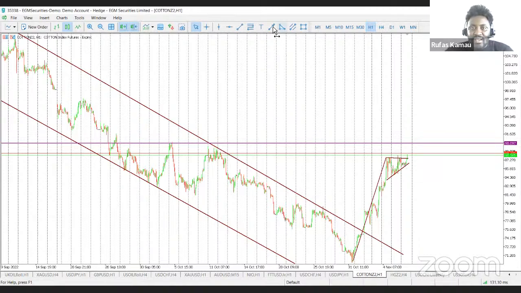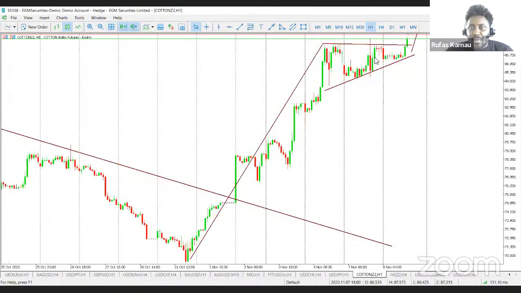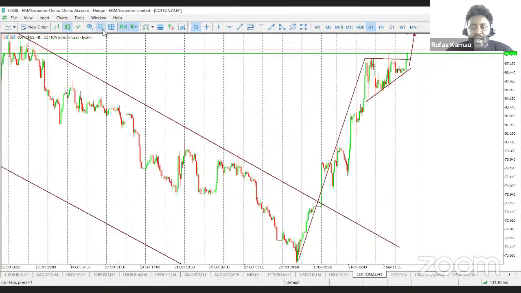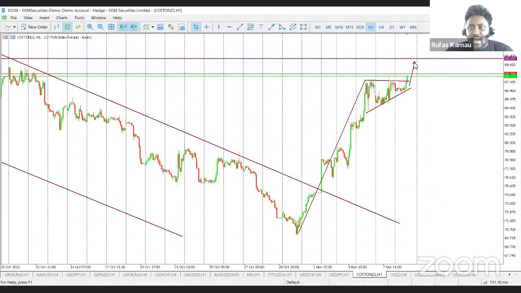The target is not very far off, just a very short-term target, but 90.097 seems like a reasonable target. From this sideways momentum for yesterday and today, a breakout today basically implies that there's a good chance we will be seeing the cotton futures trade right up towards the $90, so about $1.2 per contract here, moving upwards.